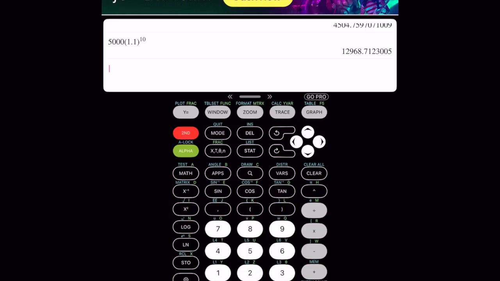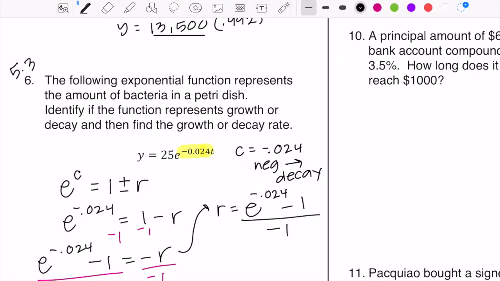So we're going to go second e to the negative 0.024 minus 1. Make sure you get out of the exponent because that minus 1 is not part of it. And then I'm going to divide it by negative 1. So I get 0.02371.